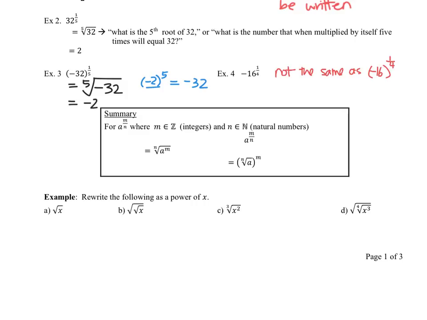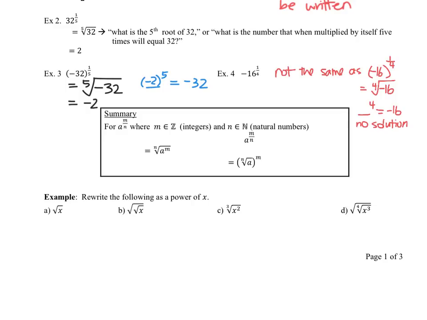So in this situation here, the one that I've written in red, you would have had to write this as the fourth root of negative 16, as in what number raised to the exponent of 4 gives you negative 16. And in that case, you would have said no solution. No possible positive or negative base raised to the exponent of 4, an even number, will get you a negative answer of 16. Impossible.